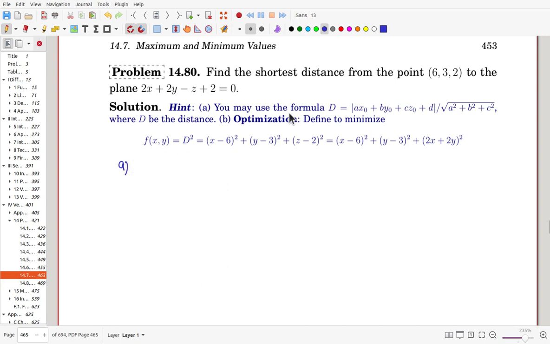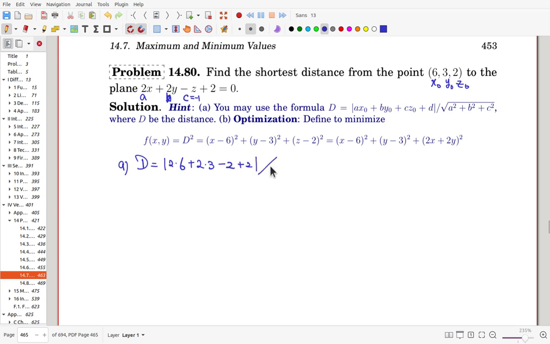In this formula, the point is x0, y0, z0, and A is 2, B is 2, and C is minus 1, that's A, B, C, and that is D. So capital D, the shortest distance, is 2 times x0, which is 6, plus B is 2 and y0 is 3, and C is minus 1 and z0 is 2, and D is 2.